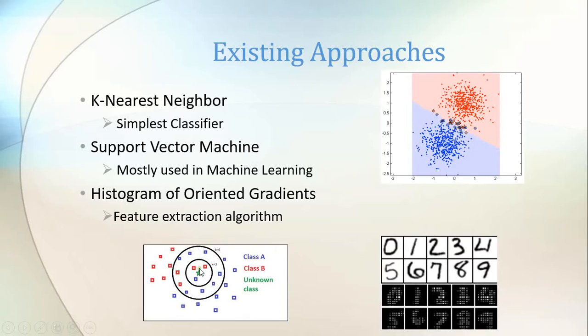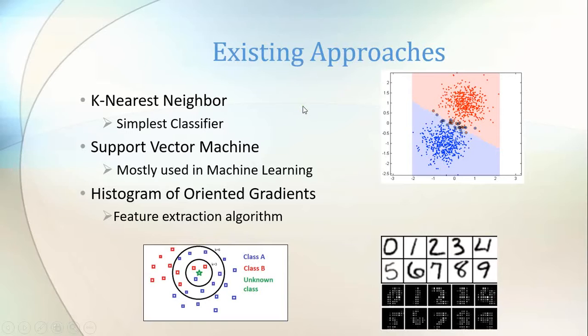Hence, the maximum vote is red, and when k is equal to 3, the green star belongs to the red class. When k is equal to 6, the situation is flipped, and we see that there are more blue boxes compared to the red ones. Hence, the unknown class belongs to blue. This is how k-nearest neighbor works.